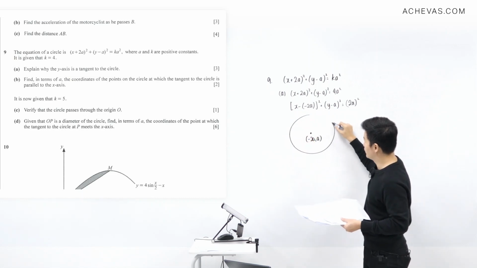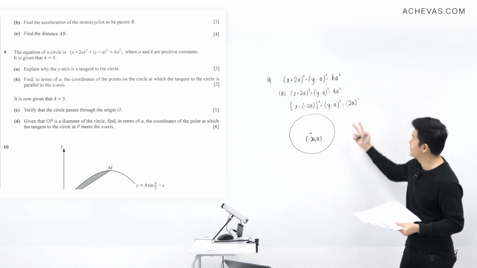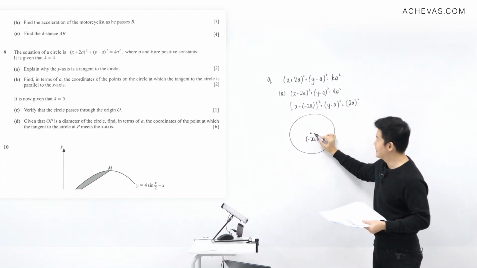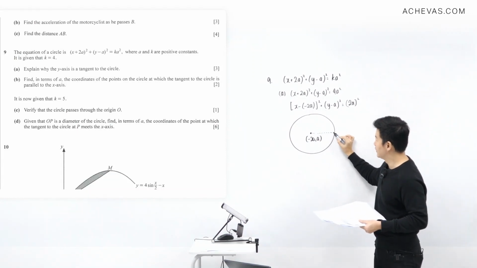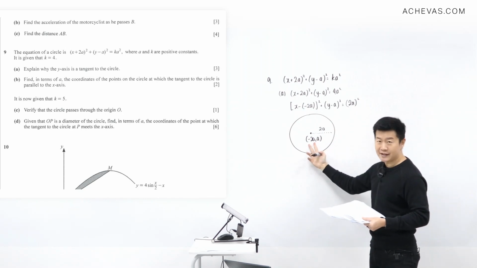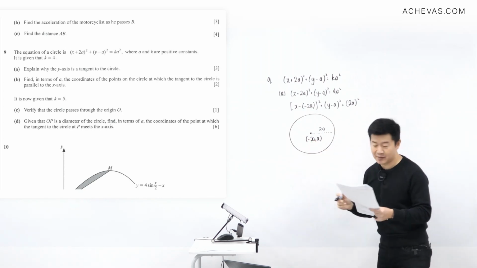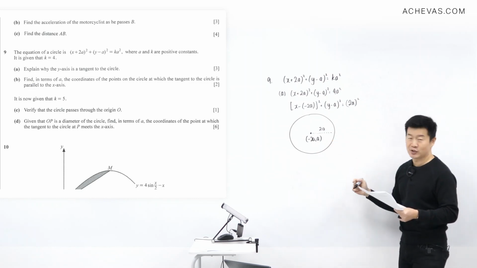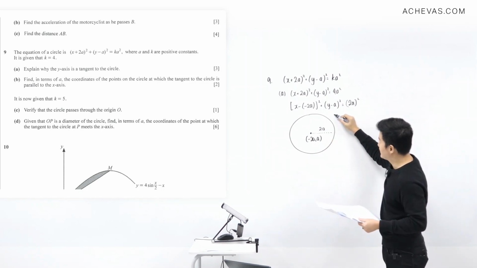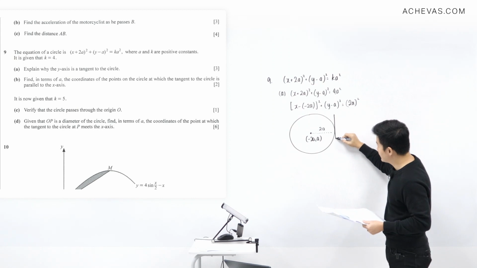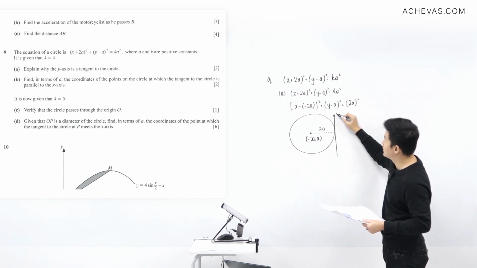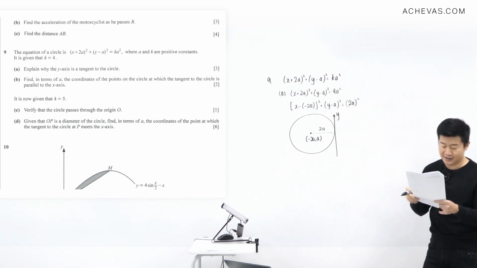Let me just draw a circle. This circle will have a radius of 2a. The x-coordinate of the center is −2a and the radius is 2a, which explains why this circle is tangent to the y-axis.